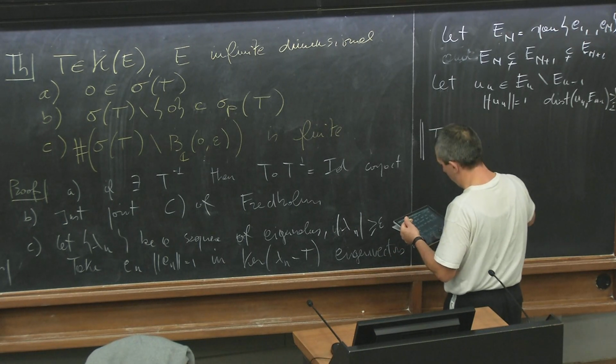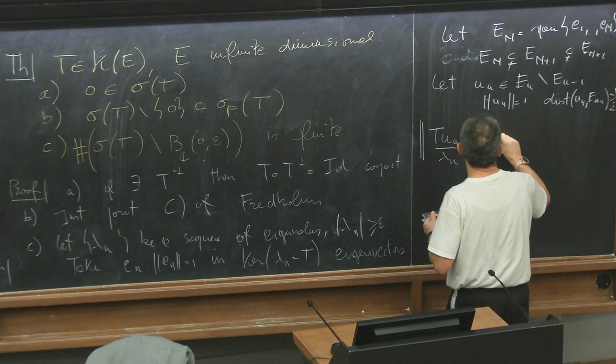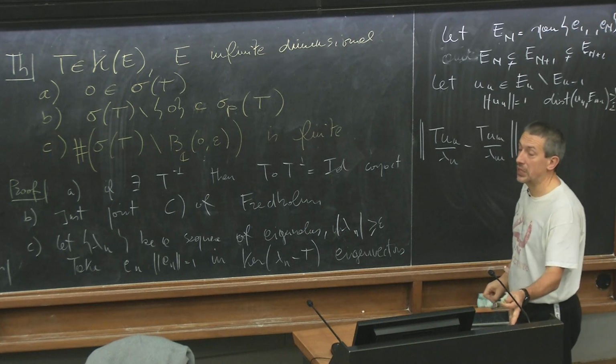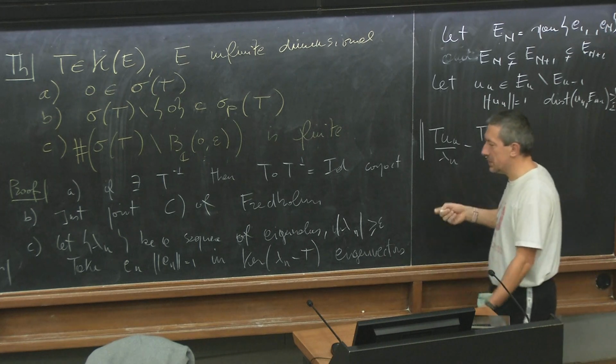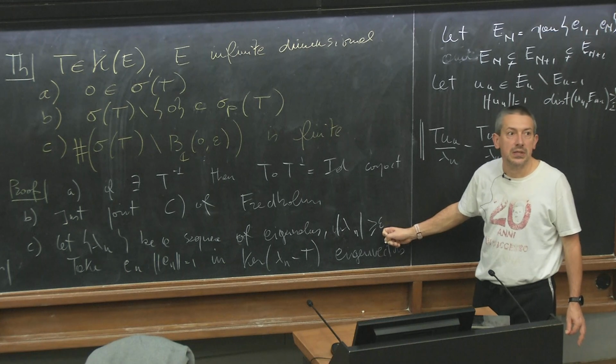Okay, I just do the following. TUN over lambda n, TUM over lambda m, which is the same, no? Because I divided by a quantity which is non-constant, but in any case is larger than epsilon.